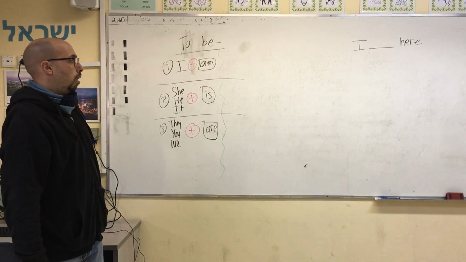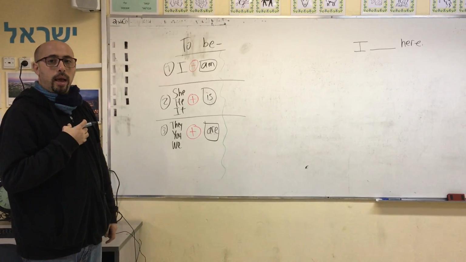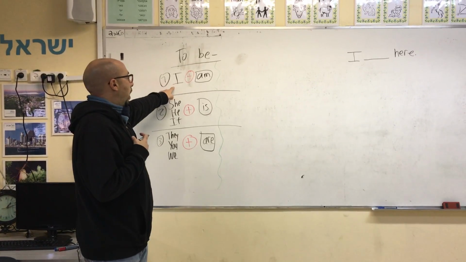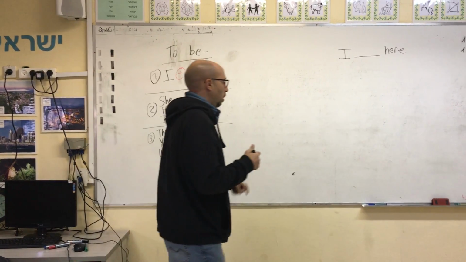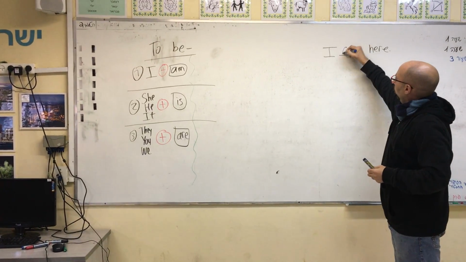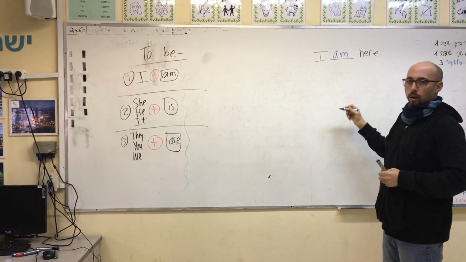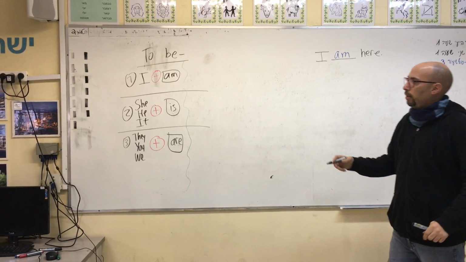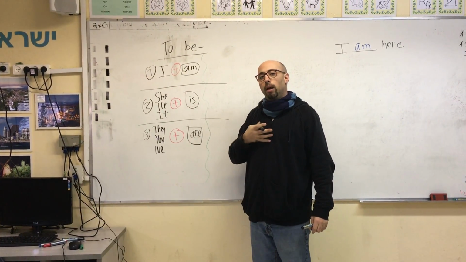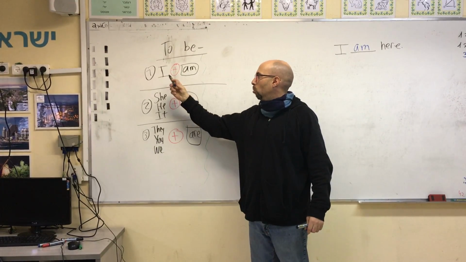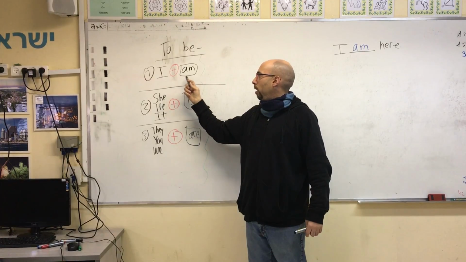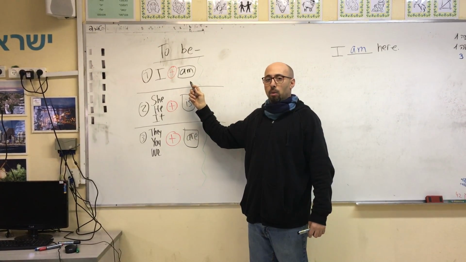For example, I want to say I am here. I here. I need I plus am. I am here. Every time I want to speak of myself, I use the word I, and every time that I use the word I, we have to connect am to that word.